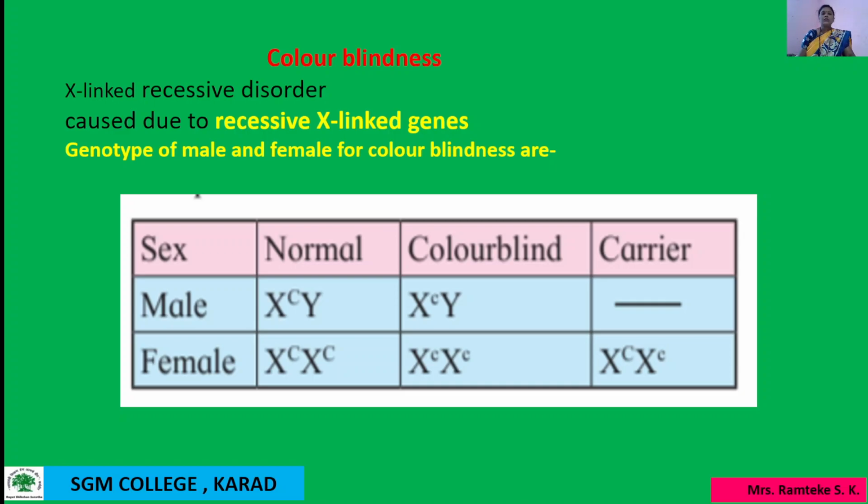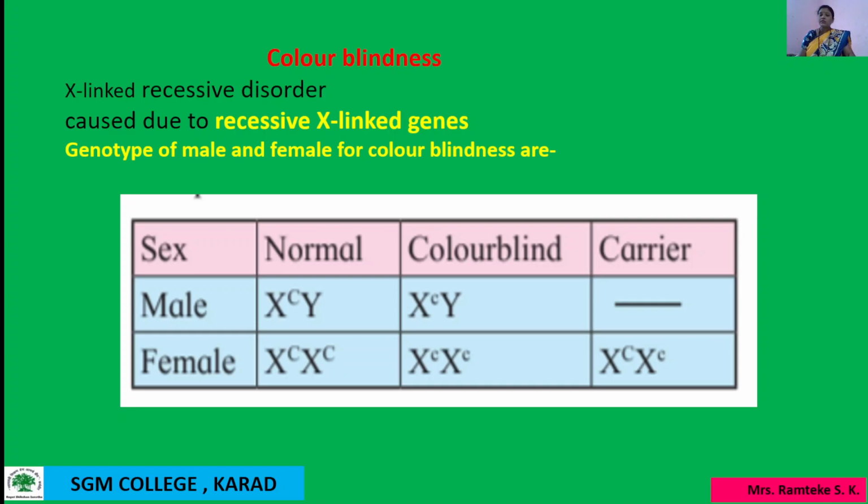So thus genotype of male and female individuals can be represented as follows. So see in this diagram, okay, so sex part, that is male and female, and another one is normal genotype, okay. Then here is a phenotype also given, then color blindness genotype represented here, and the carriers.